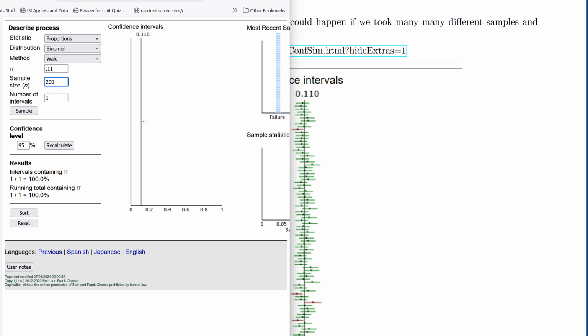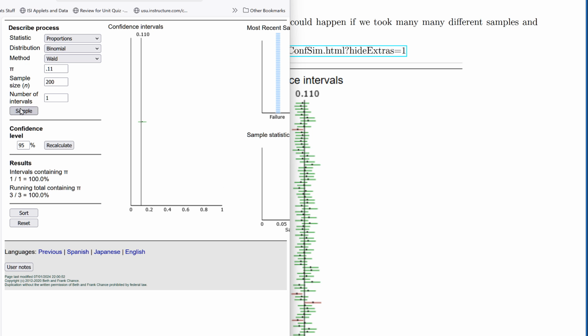And if I find one interval, here, notice this green line right here. The dot in the middle is my actual sample proportion, and then you can see the confidence interval. So the confidence interval went from here to here, and you can see that it did contain my true population proportion of 0.11.